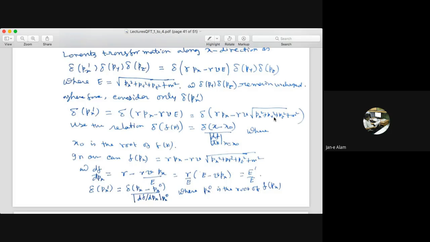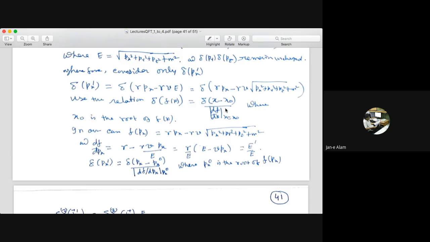Now the general rule, which you have probably seen in many books, especially in classical electrodynamics, is that the Dirac delta function of a function of x is given by δ(x − x₀) divided by the derivative, where x₀ is the root of f(x). If you have many roots, then there will be a sum over these Dirac delta functions. So here, this is a function of p_x.